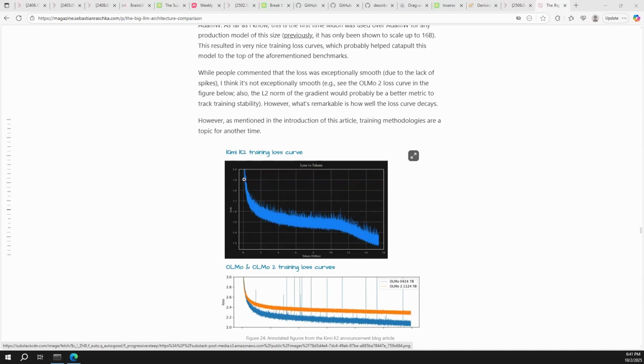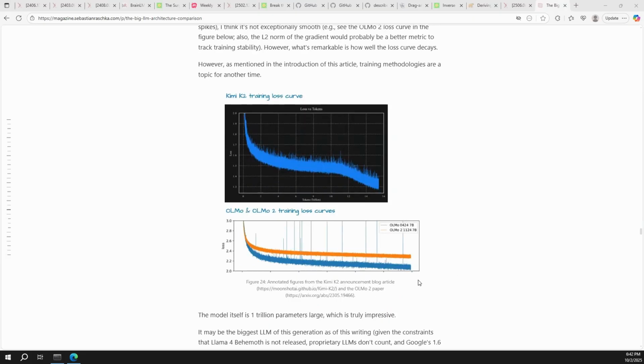And so here is the chart from the Kimi paper where they say there are no big vertical spikes, short spikes in the loss. And I'm not quite sure what Sebastian Raschka is saying about, hey, look, the OLMo training curves look pretty good too. If you see the blue one, it's got these spikes, right, where there's this very short, large increase in the loss, but the orange does not seem to have it.